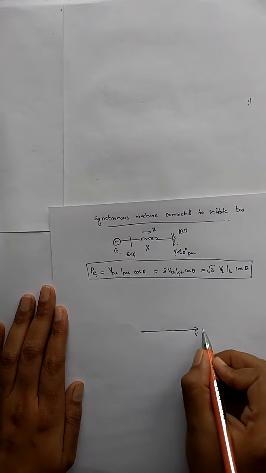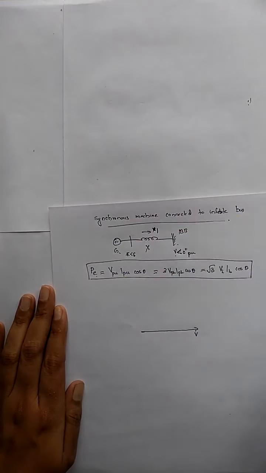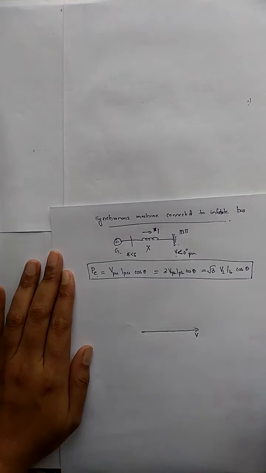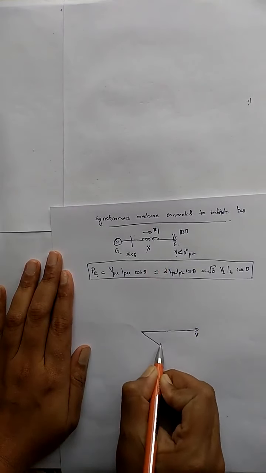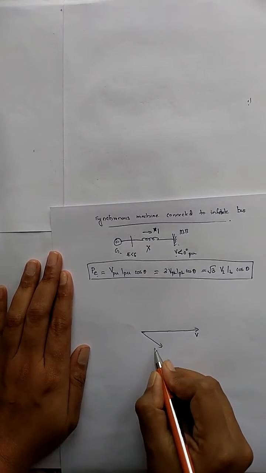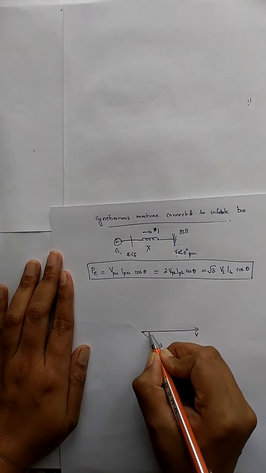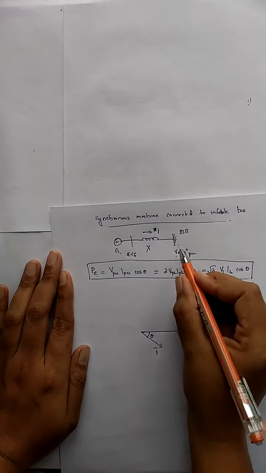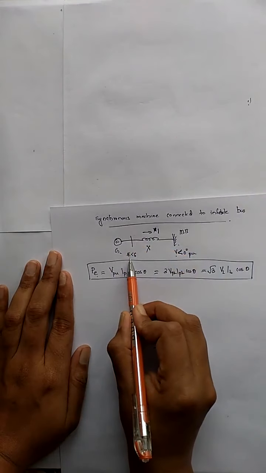Sorry, this is reactance, and this is my current I. Because the reactance is inductive, the current lags. So this is V and I, and the angle between V and I we call theta, because we are using cos theta. This voltage plus the potential drop across this will give E angle delta, isn't it?